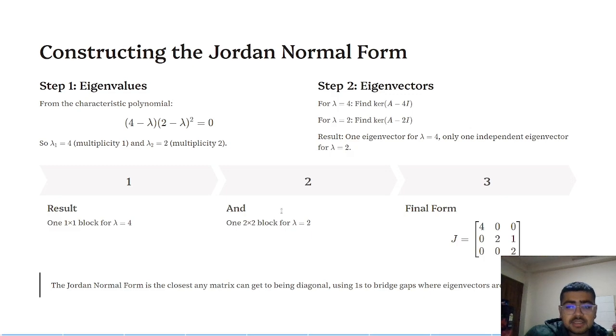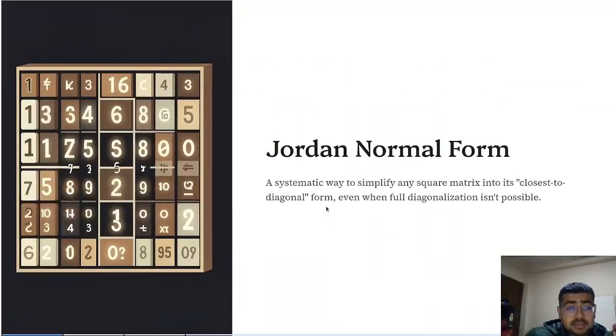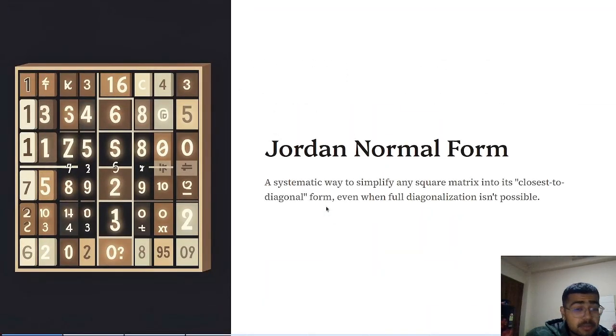Now this is the easiest final form, nearest to diagonal form, which is the Jordan normal form that you can work with, compute with, and it is very useful where you have to deal with a complex matrix form. So for the proper understanding of this concept, it's an easy one. I'll repeat it in a summarized way. What is Jordan normal form?